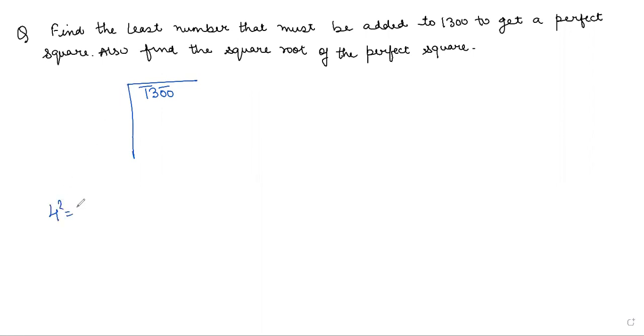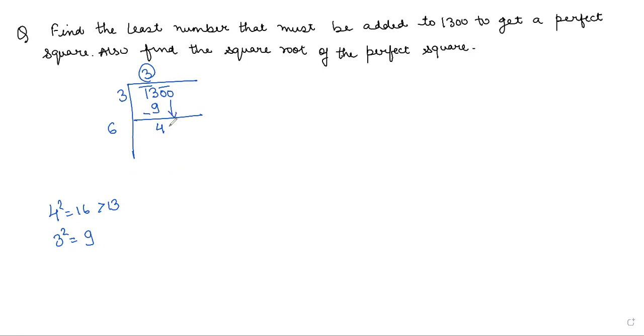So 4 square is 16, which is greater than 13. So take 3 square, which is 9. So write 3 as divisor and quotient. 3 square is 9, write 9 under 13. Now double of 3 is 6, write 6 here. And 13 minus 9 is 4.